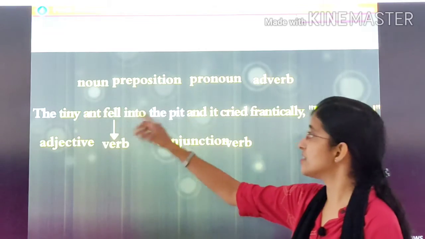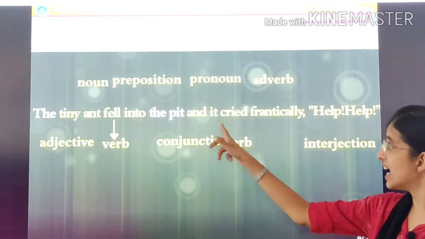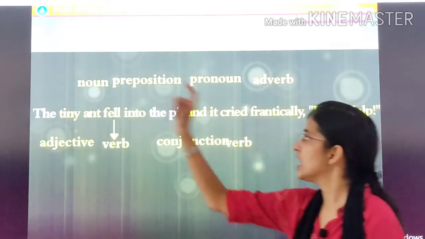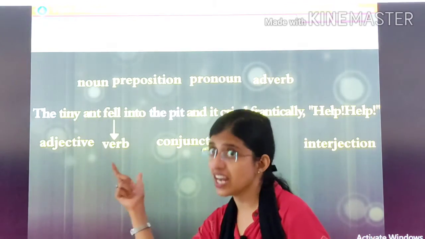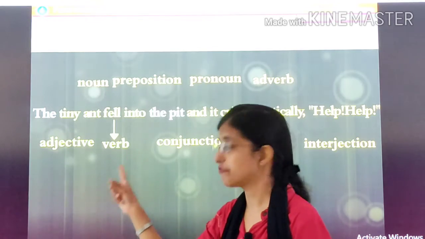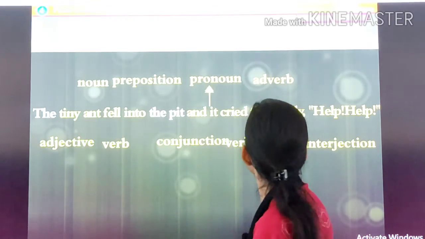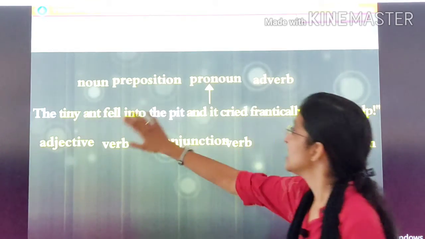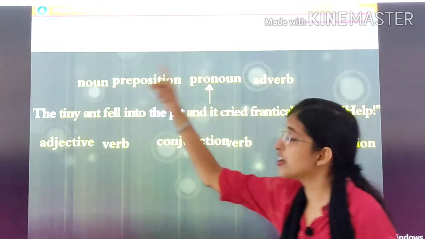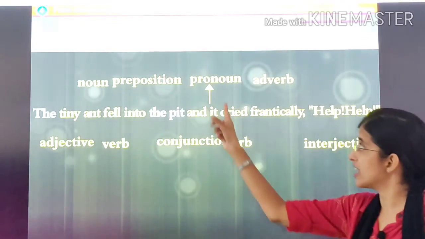The tiny ant fell into the pit and it cried frantically, help, help. The tiny ant fell. Fell is an action word, so it is a verb. The ant fell into the pit and it. Instead of ant, we are using the word it.